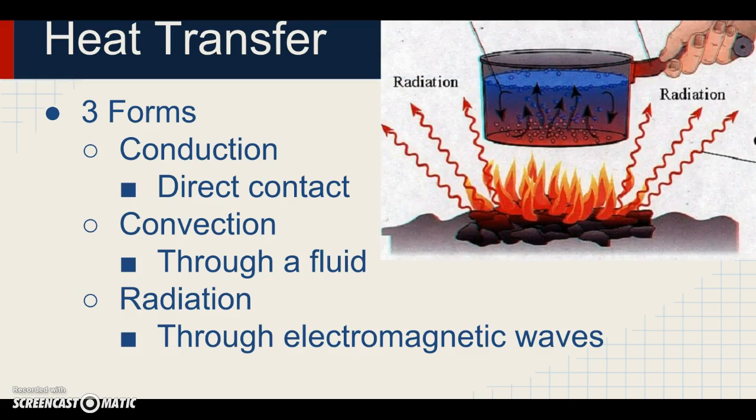It uses microwaves in order to cook food, in order to transfer energy into the food. So in this diagram up here, you can see conduction occurring, convection here in the fluid, as well as radiation coming off the fire here. We'll review these 3 types of heat transfer tomorrow.